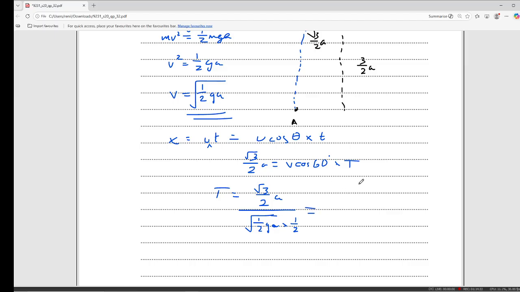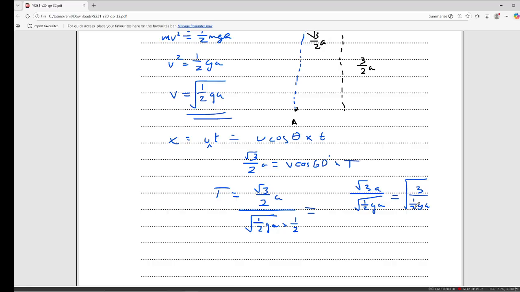And we can multiply 2 on both sides, we get root 3a divided by root 1 by 2 ga. And we can take out the a from here, we get 3 over 1 by 2 ga, I think. Let me check that out.